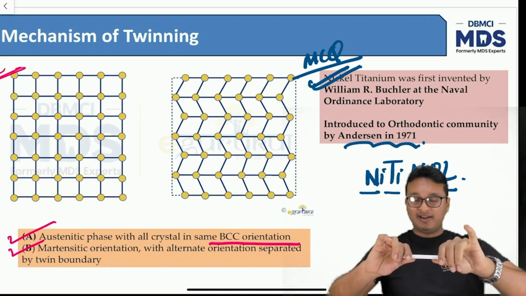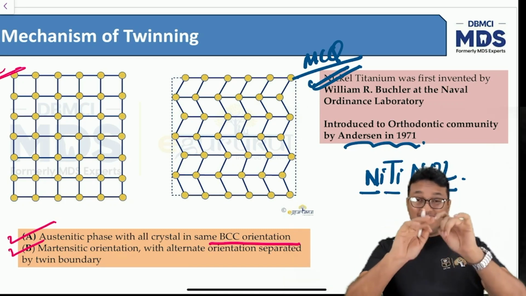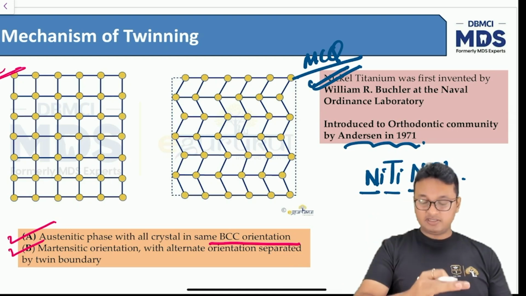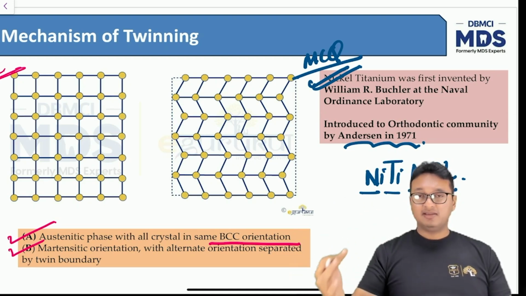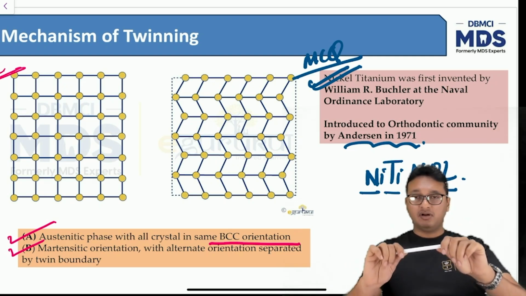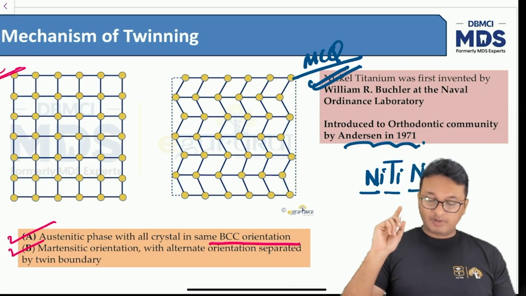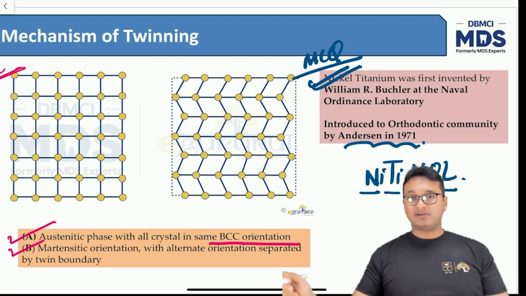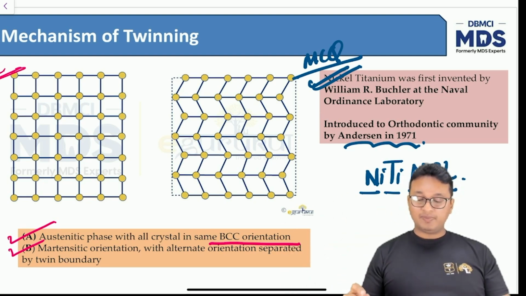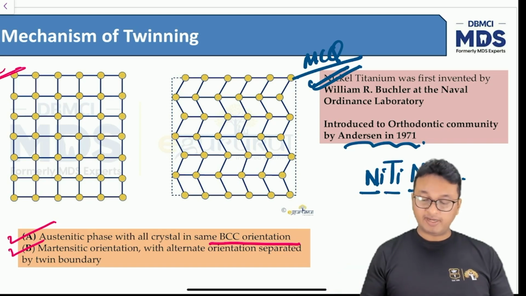If I bend it, at one point of time the bend is such that the austenite gets converted into martensite because of the forces generated onto the wire by my muscular energy. But that happens later on. Before that, what is happening? The austenitic phase gets converted into the martensitic phase by something called twinning.